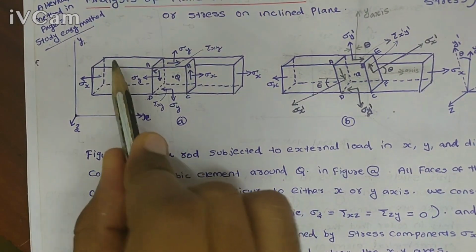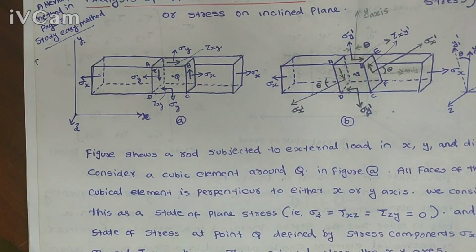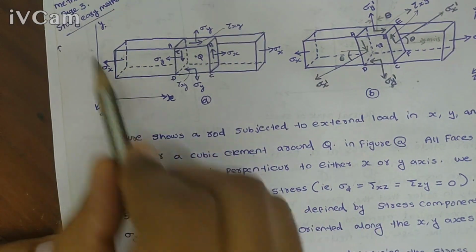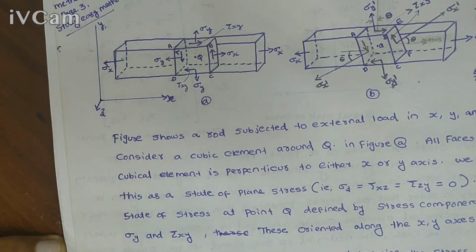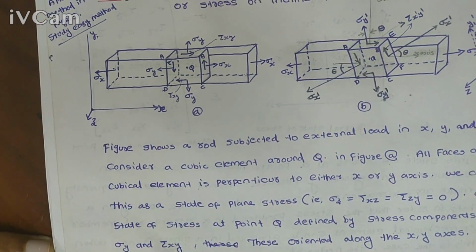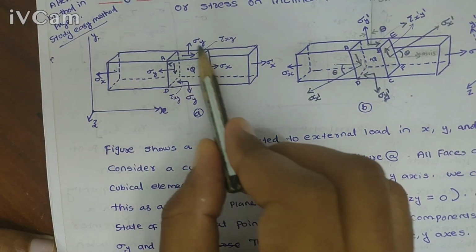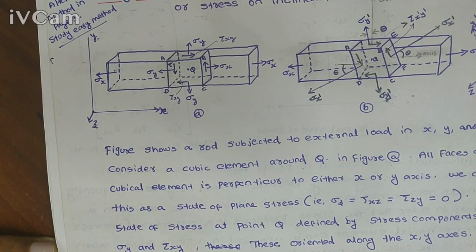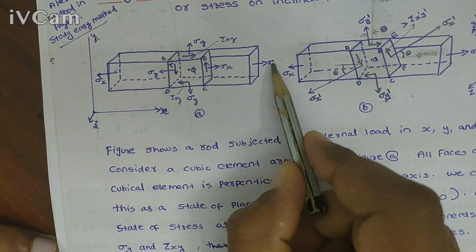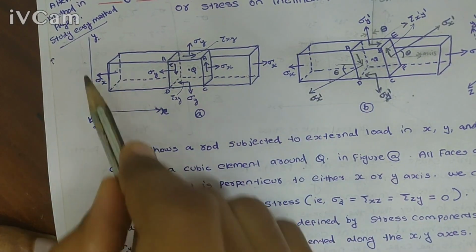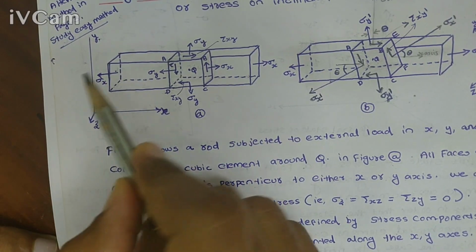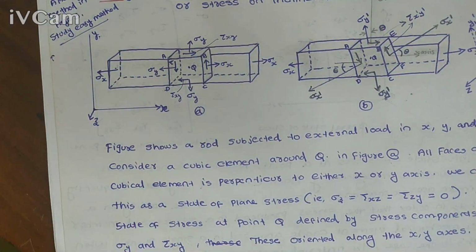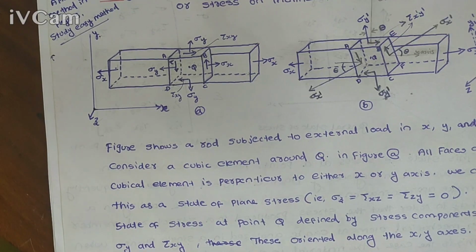Here we can see a bar in the xyz Cartesian coordinate system, and inside this bar I consider a very small cube. This bar is subjected to some external stresses: sigma x along the x direction, sigma y along the y direction, and sigma z equal to 0 because this is a plane stress condition.